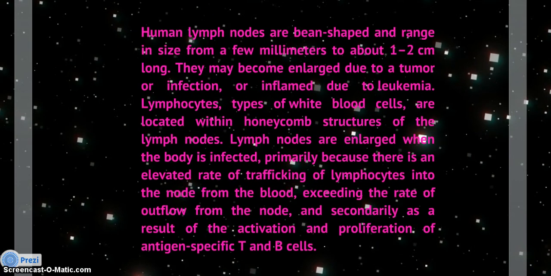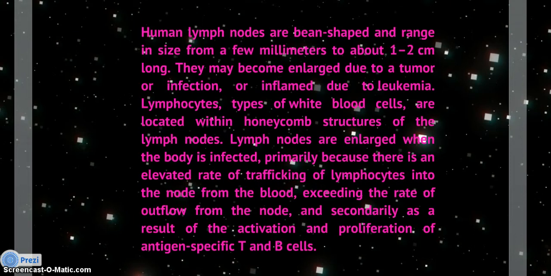Shape and size. Human lymph nodes are bean-shaped and range in size from a few millimeters to about 1–2 centimeters long. They may become enlarged due to a tumor or infection, or inflamed due to leukemia. Lymphocytes, a type of white blood cell, are located within the honeycomb structure of the lymph nodes.